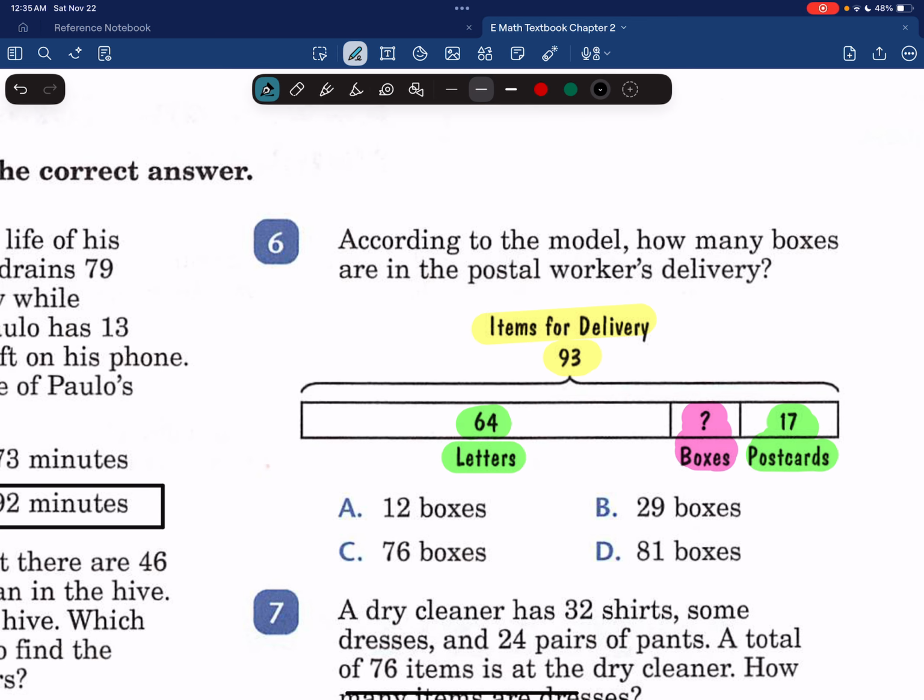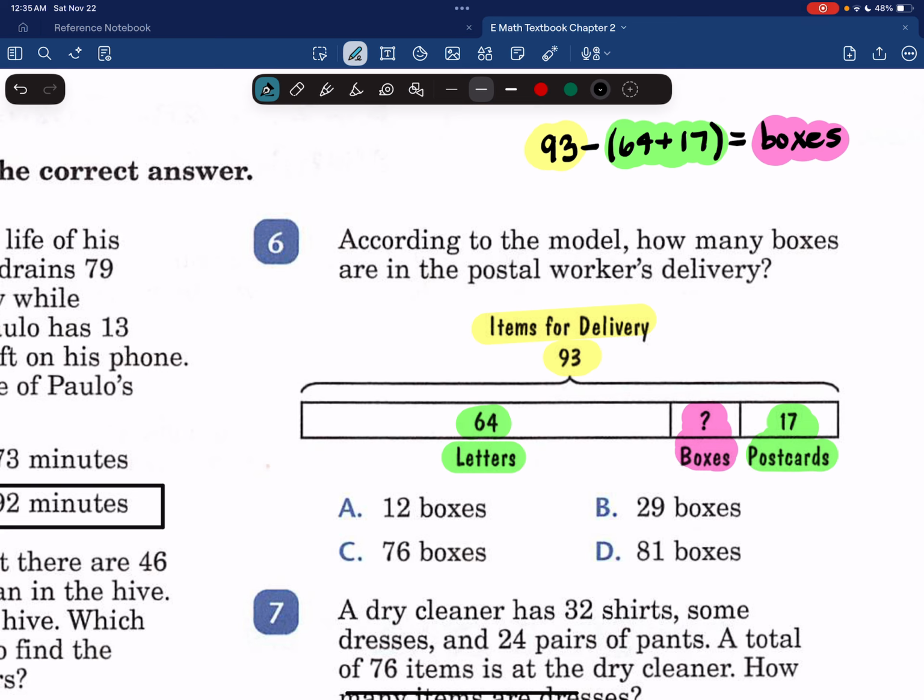Well, I know that there are 93 total items, minus 64 letters, and 17 postcards, and whatever's left will be the boxes. So we want to do that part first. This is your total, and this is your unknown.